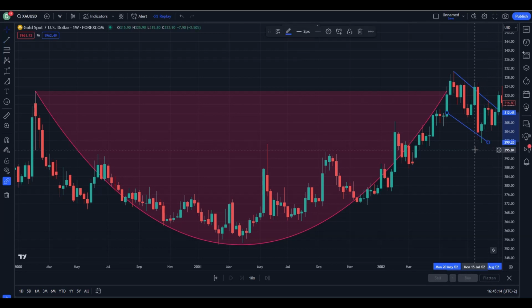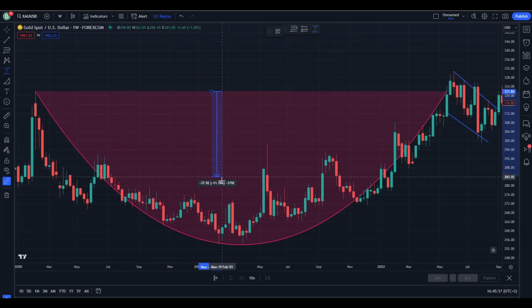This is the handle. Now the price did a breakout over here for the first time, and this was indicating a movement to the upside equivalent to the distance between the high point of the cup and the lowest point of the cup. So let's measure how this is going to look.